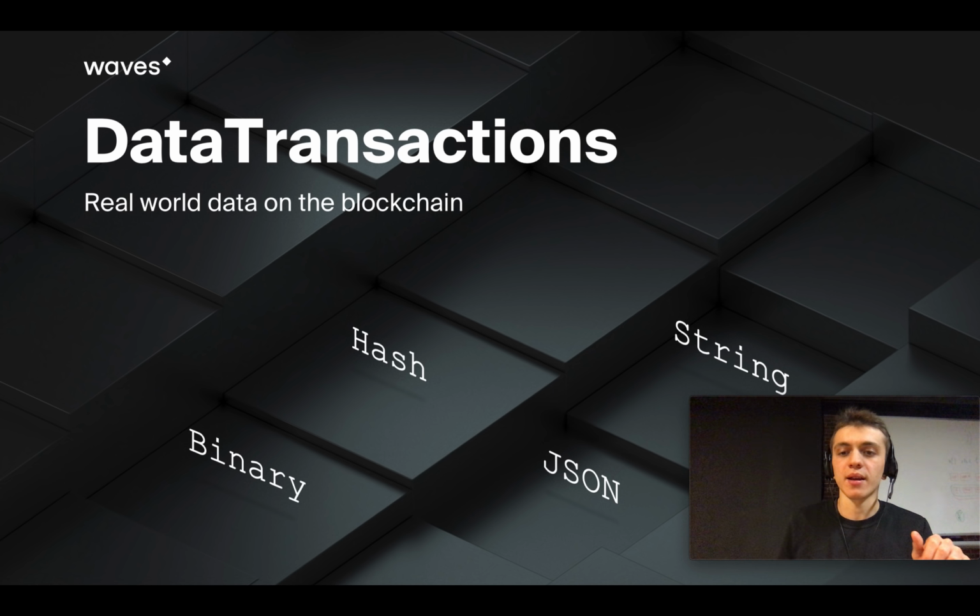So we can store some data associated with that address. Right now, we can store in data transactions four types of values: strings, byte arrays, integers, and booleans.